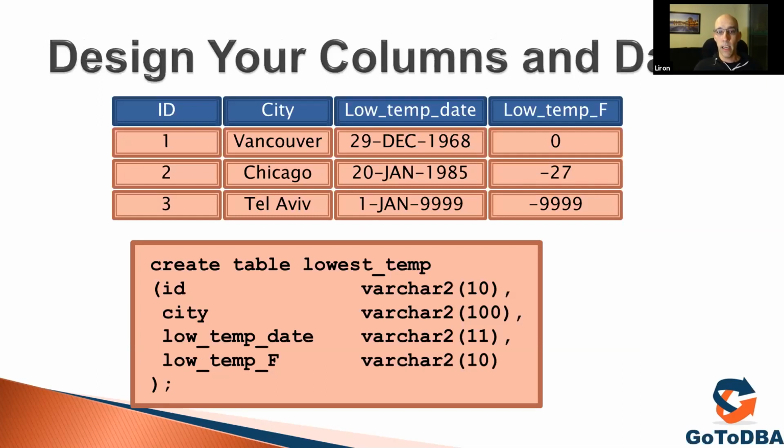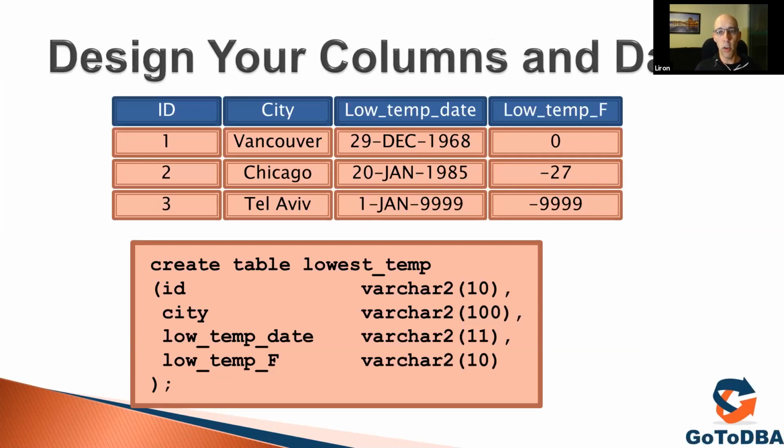So, data values and data types. We have here an example of a table which has the lowest temperatures, in this case in Fahrenheit, even though you use Celsius, like I do. The city, the lowest temperature, and the lowest temperature date.